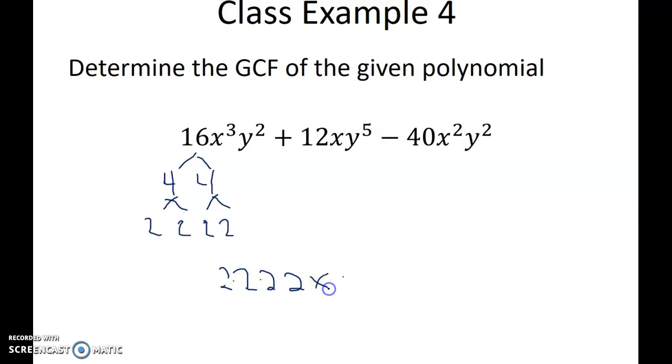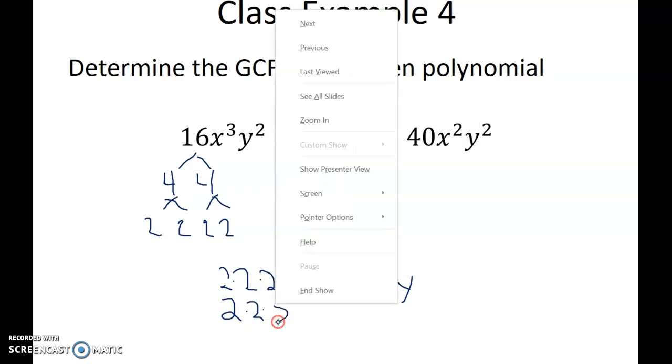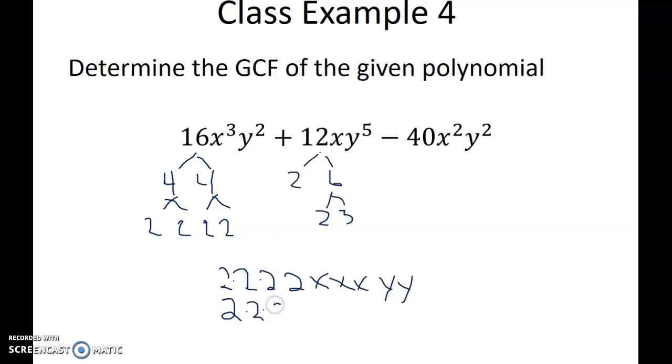We have 3 x's and 2 y's. Factor the 12. So we have a 2, 2, and a 3. And we have an x and 5 y's. Notice I'm lining them up so I can find the common ones easier.